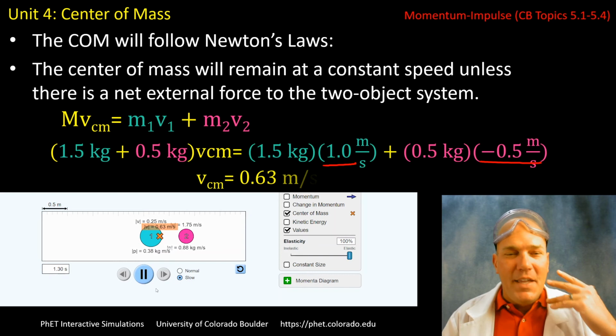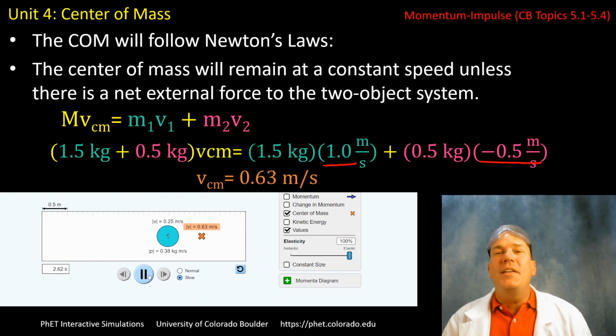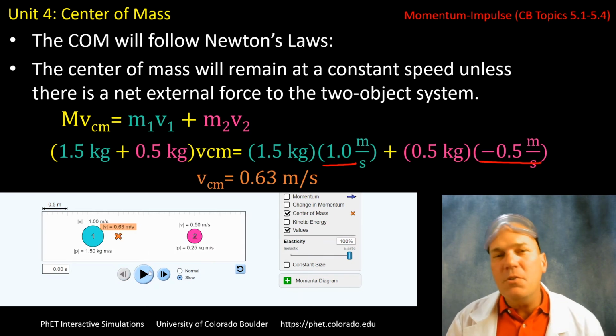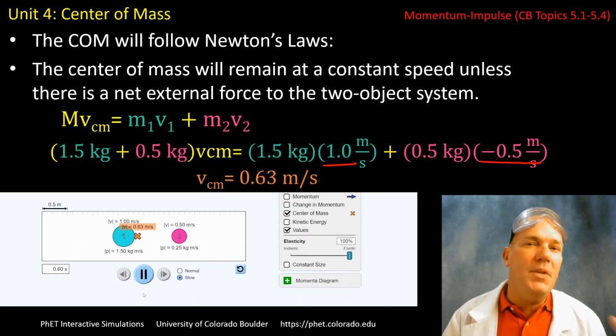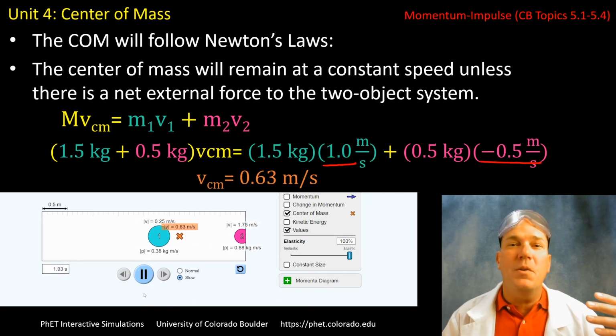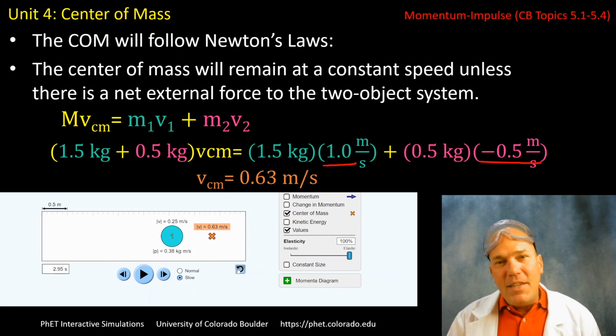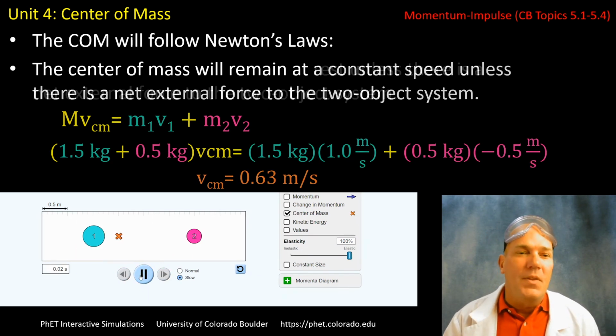When we solve for the velocity of the center of mass, we find it to be 0.63 meters per second, and that's in the positive or rightward direction, as you can see on this simulation.